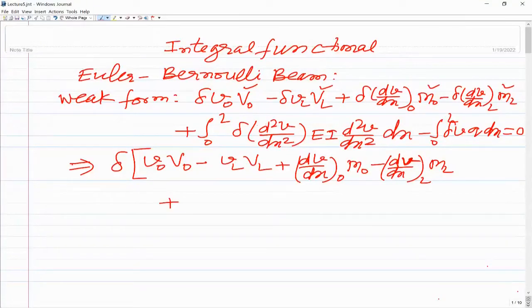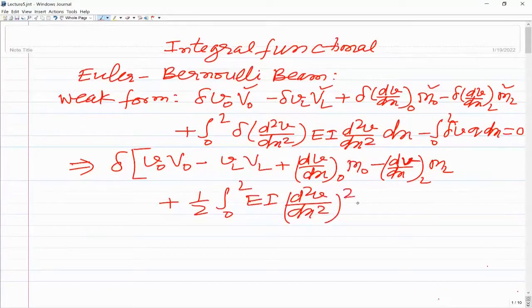And from this term, when you take delta common, as we did last time, we will have half and integration 0 to L, and then EI and d2v by dx square, whole squared, dx. Obviously, when you bring the delta inside, EI is a known quantity, so its variation is 0.